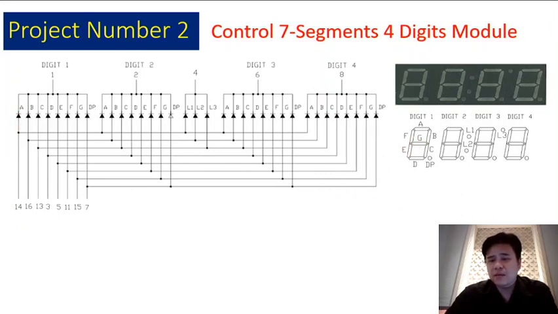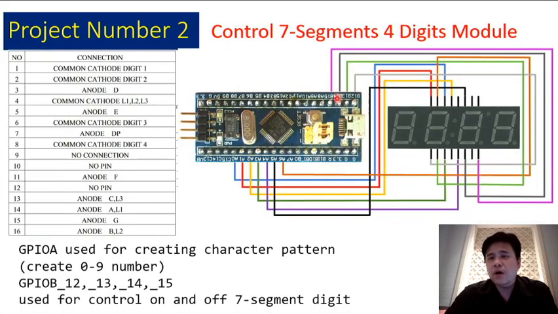Okay, by using this concept, we will connect our board to these 7-segment modules as shown in here, and you can take a look at which pin numbers do what as shown in here.